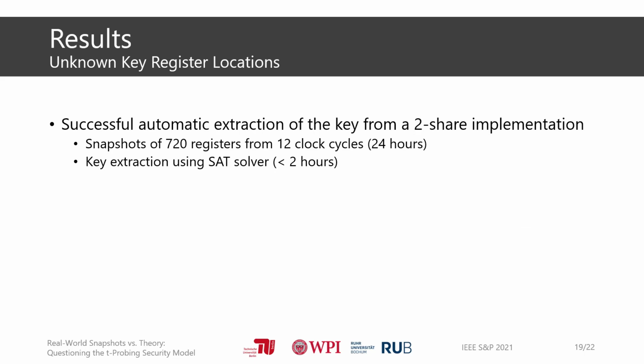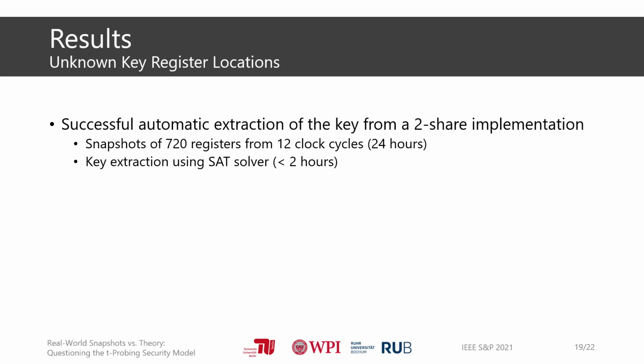To prove that this approach works, we first extracted all registers from a 2-share implementation using our automated cross-correlation based approach. The design for this 2-share implementation contains over 720 registers. And as you can imagine, that takes some time, and it took 24 hours to create all those snapshots from the 12 different clock cycles.